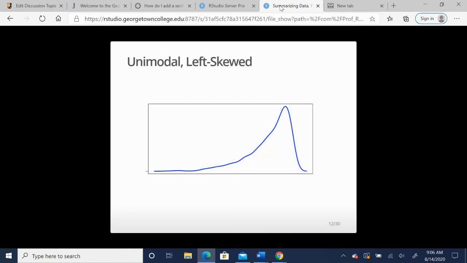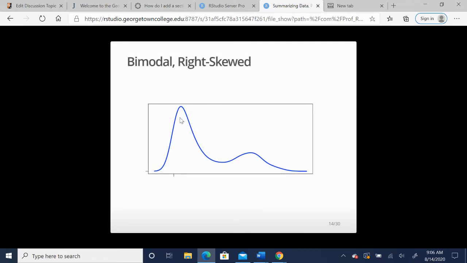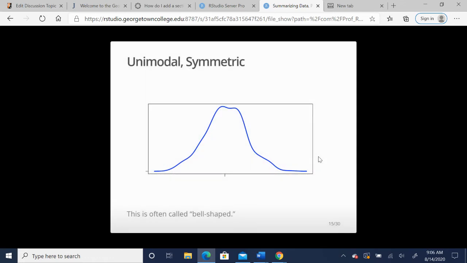Okay. So now, most often, once we create a density plot of a single numerical variable, we're going to be asked to describe it. In other words, what does it look like? If we were to see a shape like this: unimodal, one peak, left skewed. Unimodal, right skewed. Bimodal, peak 1, peak 2, and right skewed. We see a tail.